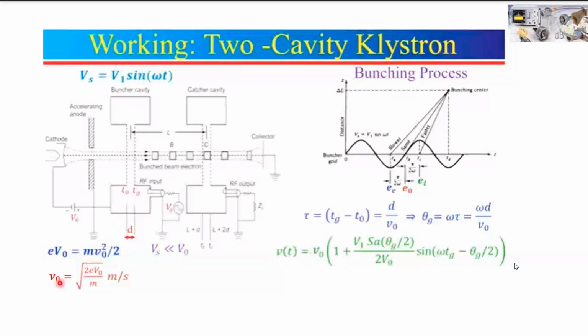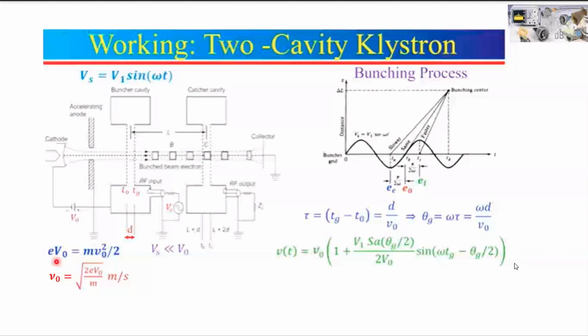So the velocity of the electron is the square root of 2eV0 divided by m, where e is the electron charge, V0 is the DC beam voltage, and m is the mass of the electron. This velocity can be derived by equating the potential energy and the kinetic energy.